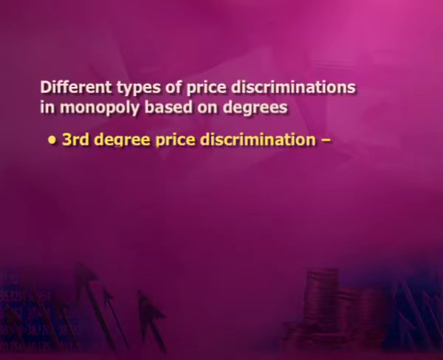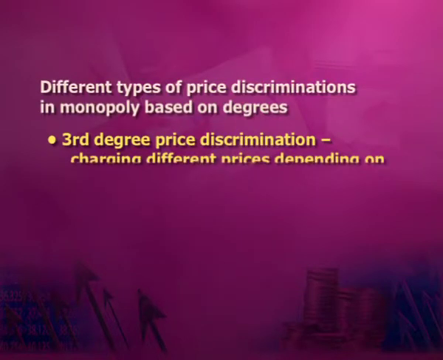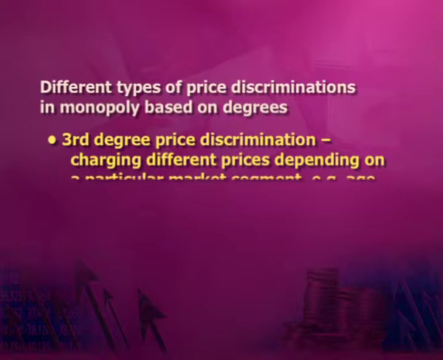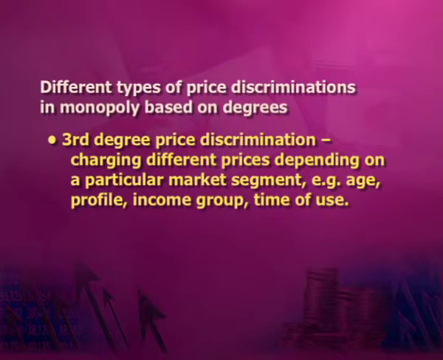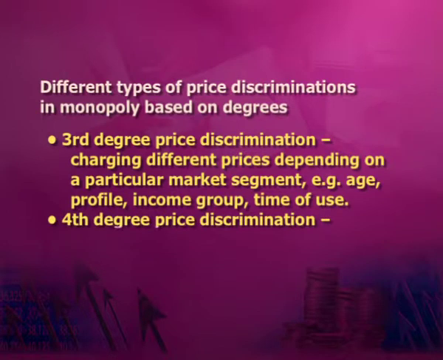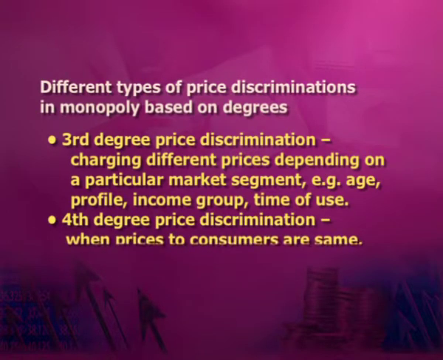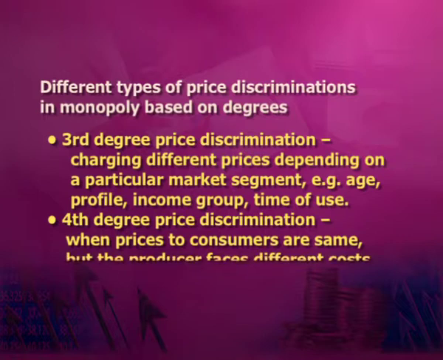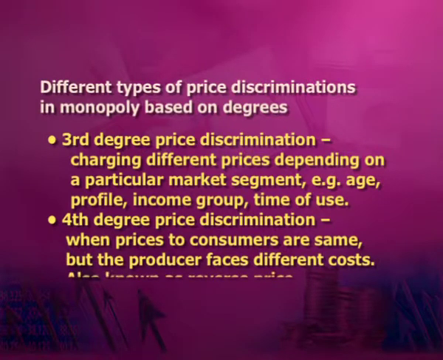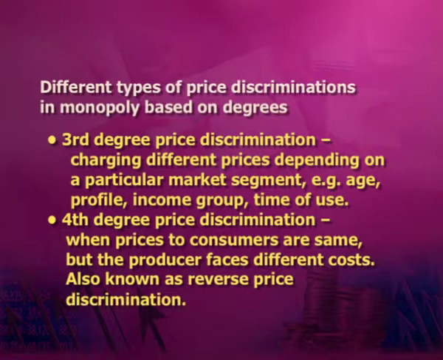Third degree price discrimination is charging different prices depending on particular market segment, for example, age profile, income group, time of use, etc. Fourth degree price discrimination is when prices to consumers are the same but the producer faces different costs; these are also called reverse price discrimination.